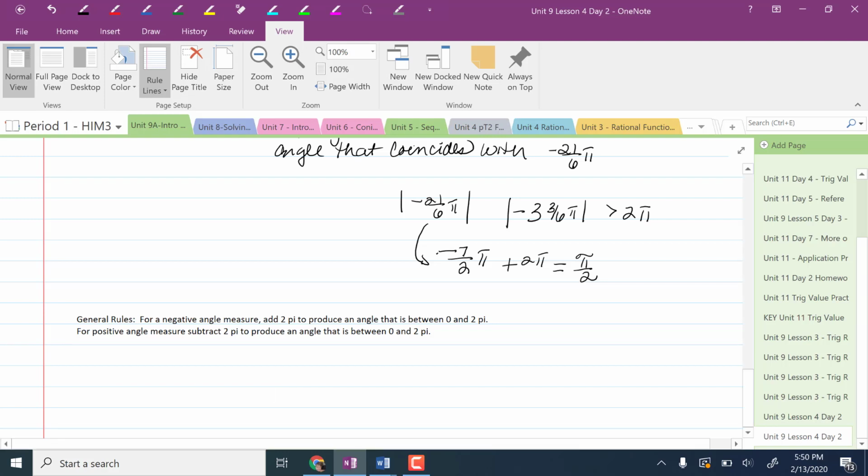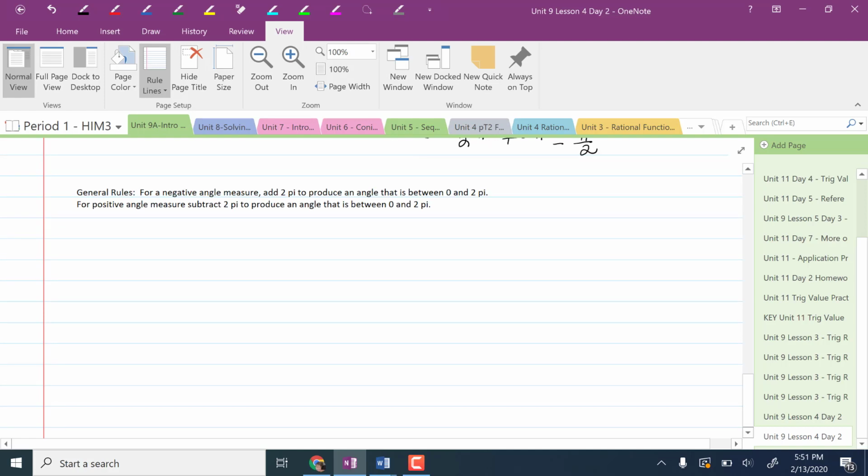One last thing to talk about would be converting between degrees and radians.